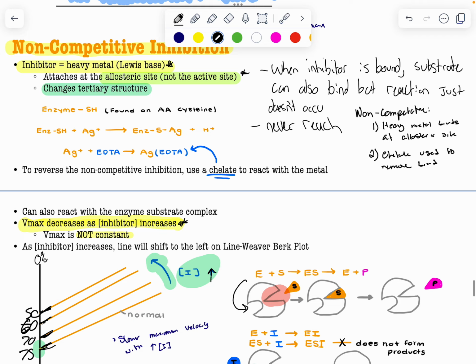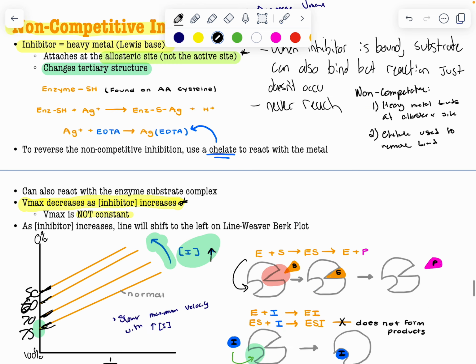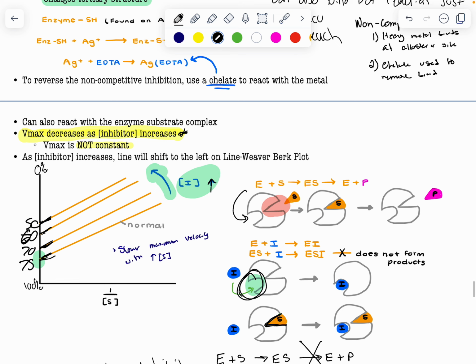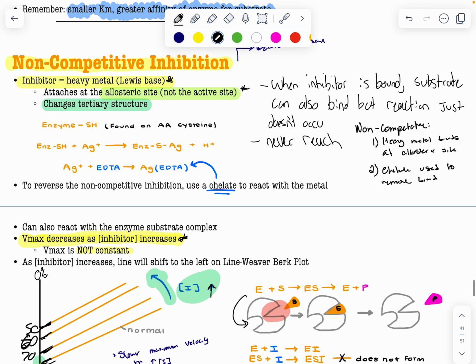Just as a refresher, in non-competitive inhibition, our inhibitors are going to be heavy metals, or consider a Lewis base. They are going to attach to the allosteric site, which is this binding site right here, and they're going to change the tertiary structure of our enzyme. As a result of this change of tertiary structure, our Vmax is going to decrease when we have a higher level of inhibitor present.